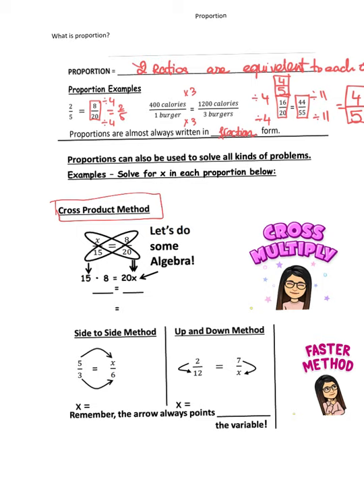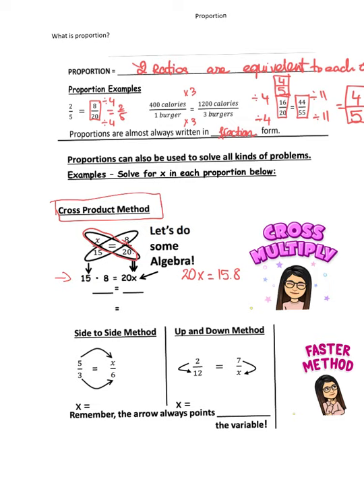So we're gonna cross multiply. Either way will be good. You can do 20 times x first, and then 15 times 8 later. Or in this example, they do 15 times 8 equivalent to 20 times x. Is this the same as what I just wrote down?